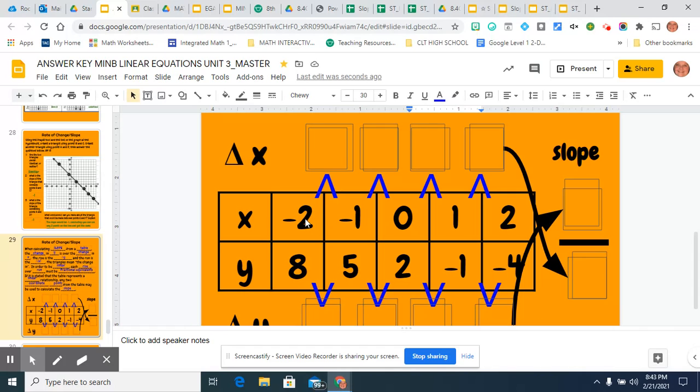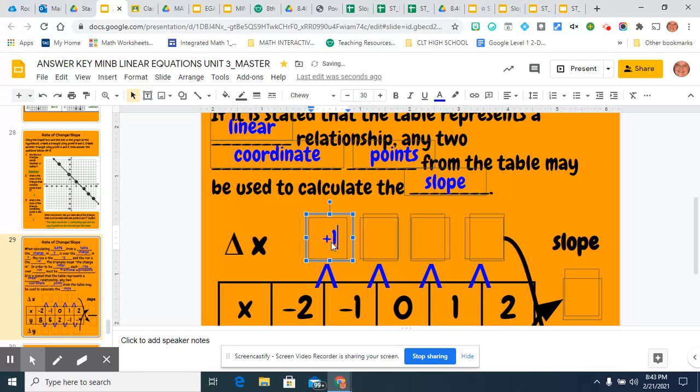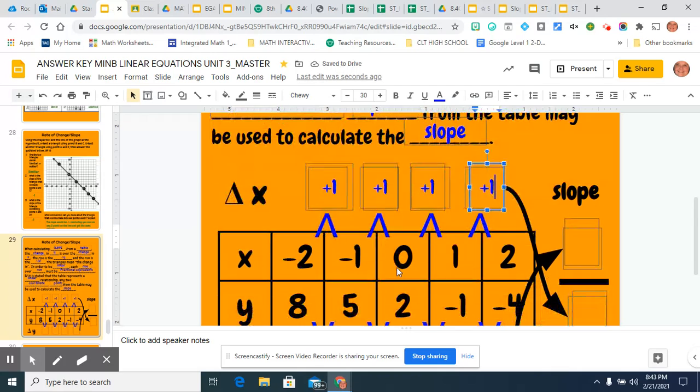I would go through and find all of my changes from -2 to -1. That's +1. From -1 to 0, that would be +1. 0 to 1, +1. From 1 to 2, +1. So these are the changes in x.